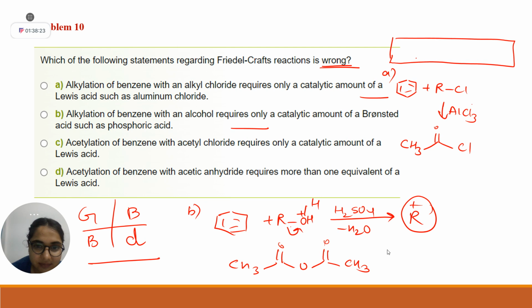I think the reason is that a catalytic amount of Lewis acid is not sufficient to ionize this. Therefore, it requires more Lewis acid. Understood? This is a theory based question. If you know, you can solve. Nothing to worry in this.